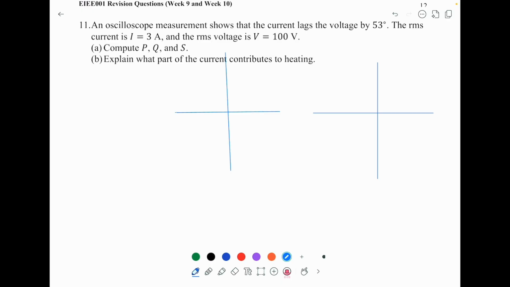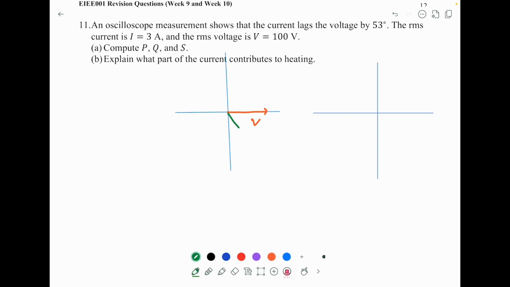In this question, it says an oscilloscope measures the current lagging the voltage by 53 degrees. Now there's a lot of combinations, but let's make it simple. We assume this is a parallel circuit like the one we studied last time. This is the voltage V, and the current lags behind.